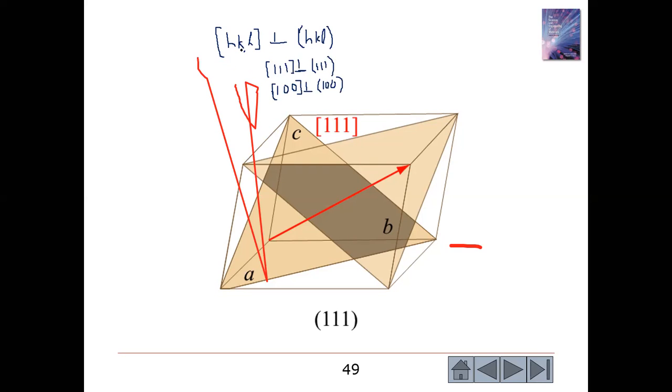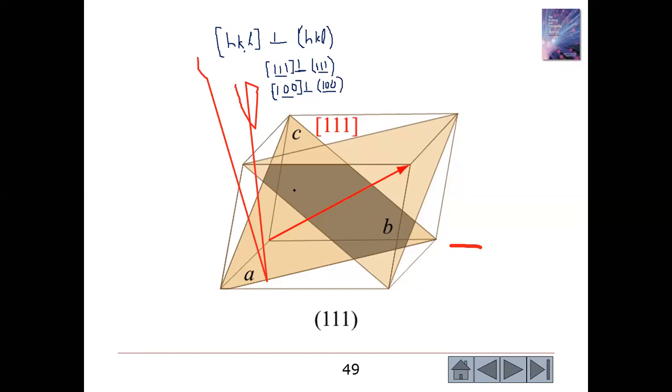So a direction with similar Miller indices will be perpendicular to a plane with similar Miller indices. What I mean is, if these numbers are the same in both the direction and the plane, like 111 is here, so 111 is here. 100 is here, so 100 is here. So they will be perpendicular to each other.